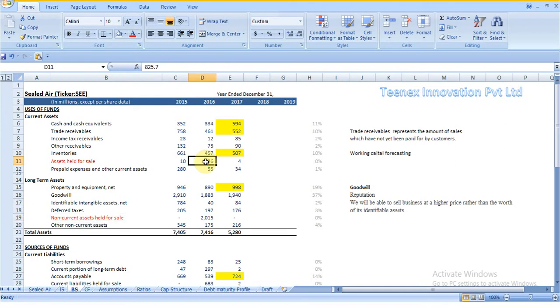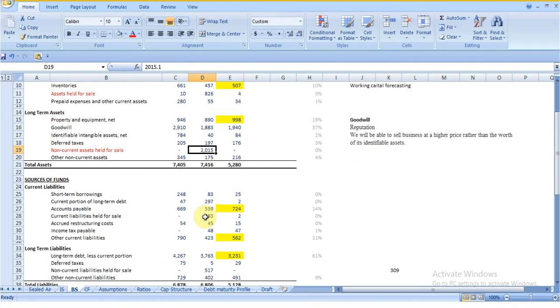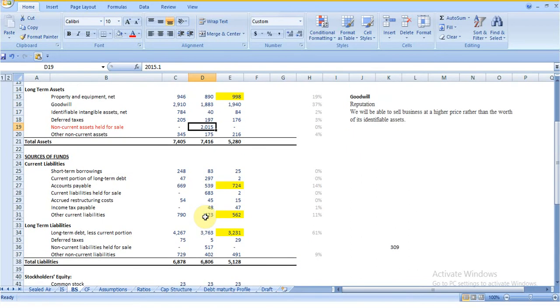So if you see in 2017 it is completely wiped out, and here in 2016 it is classified as assets held for sale. So these are the asset side. Similarly, on the liability side also, the company has classified certain liabilities for sale: current liabilities held for sale and non-current liabilities held for sale.